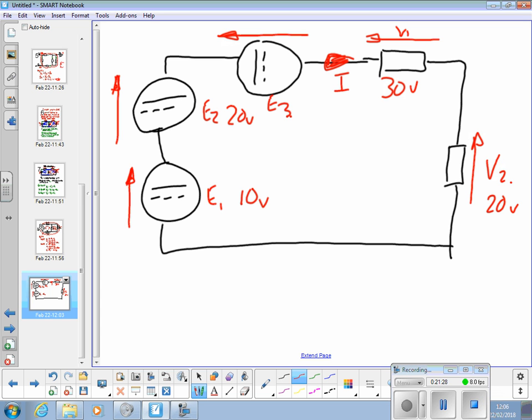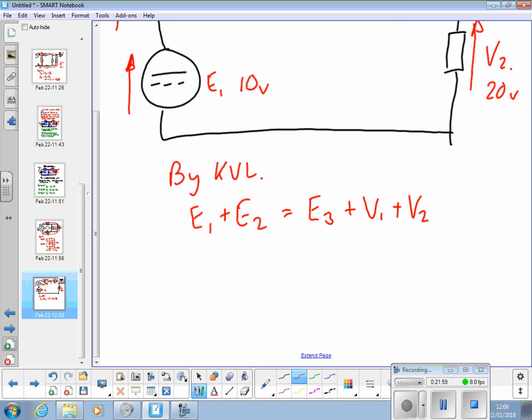So you go ahead and use the rules to do a Kirchhoff's voltage law equation, where we put the clockwise arrows, which are E1 plus E2, on the left hand side, and the anti-clockwise arrows, E3 plus V1 plus V2, on the other side.